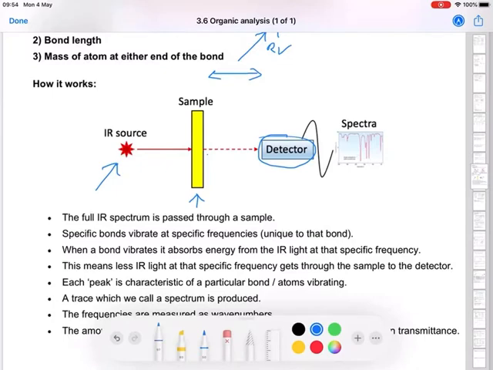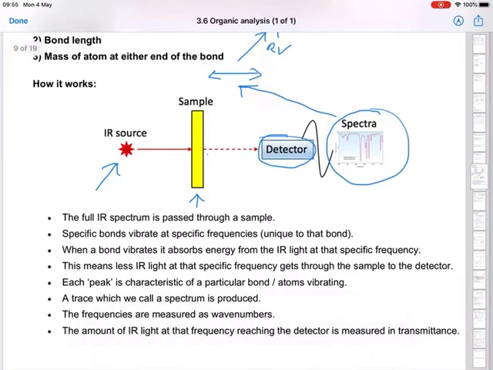Of course, if the bond is absorbing infrared radiation, less of it will reach the detector. Then what you get is a chart which we call a spectra, which shows you which frequencies of infrared radiation in this range have been absorbed and which ones haven't, and that gives us clues to the bonds that are present.